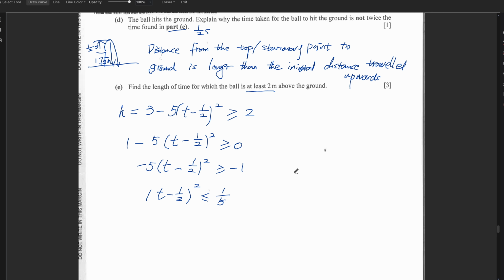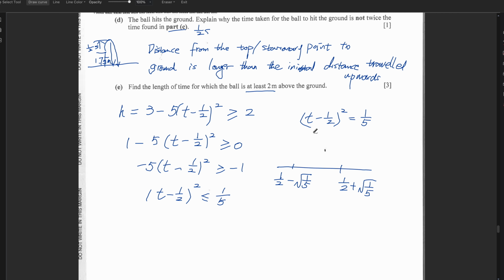If we are to look at the critical values, which will be square roots, (t minus half) squared equals 1/5. So t is plus or minus the square root of 1/5, so it's half minus square root 1/5, half plus square root 1/5.